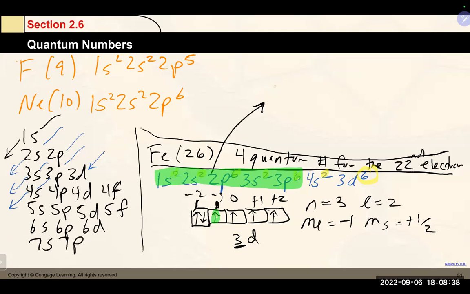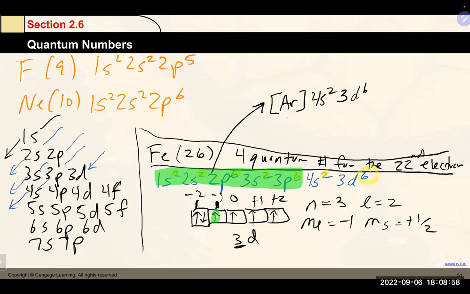So as a shorthand we could put Argon in brackets, and that basically indicates the electron configuration for Argon. And then we would continue on with the rest of the electron configuration. This would be 4s2, 3d6.